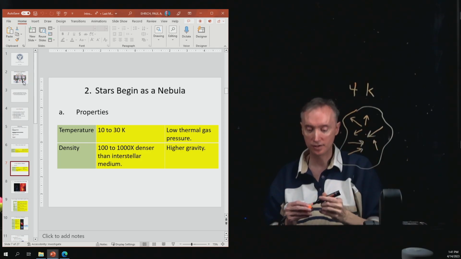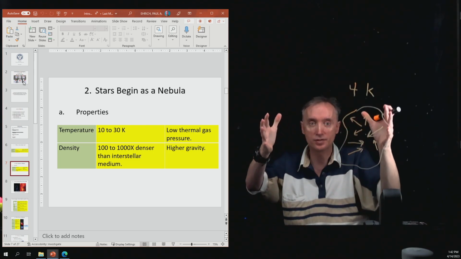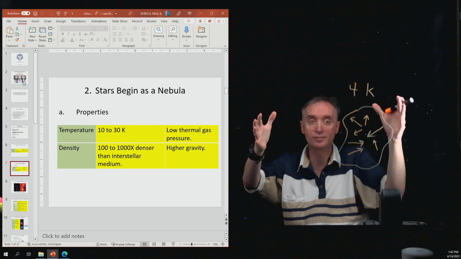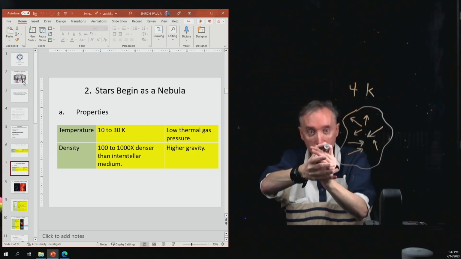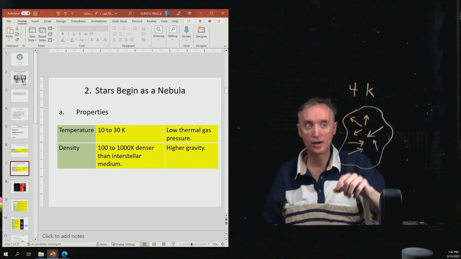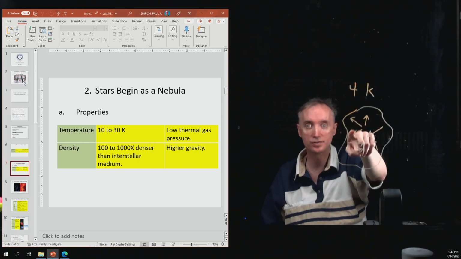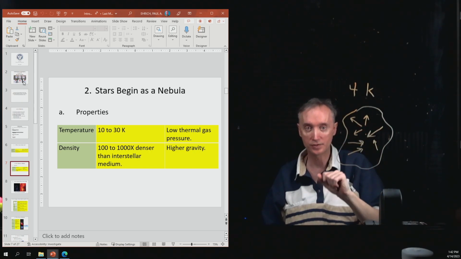And so that is going to be enough to push this gas cloud and try to make it expand. Gravity is trying to pull it in and crush it and turn it into a star. So the fact that this thing is slightly warm is actually a bad thing. It's keeping gravity at bay.